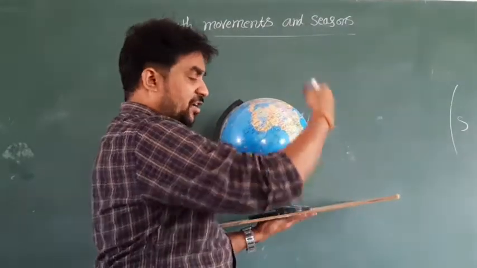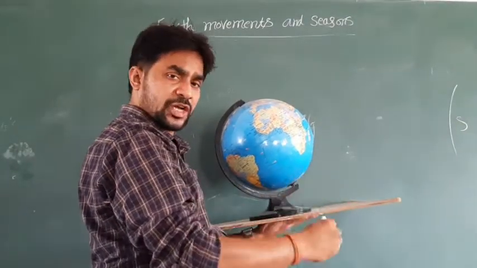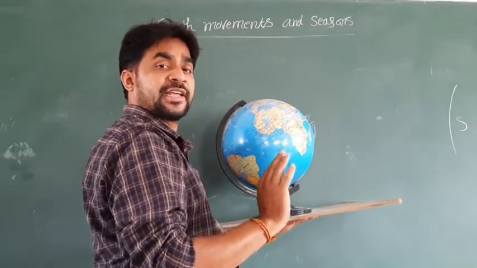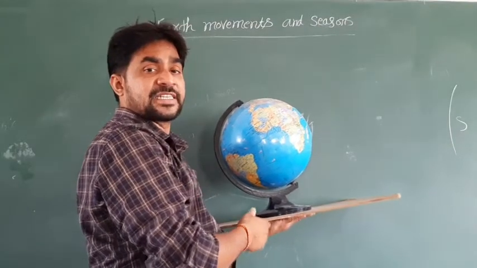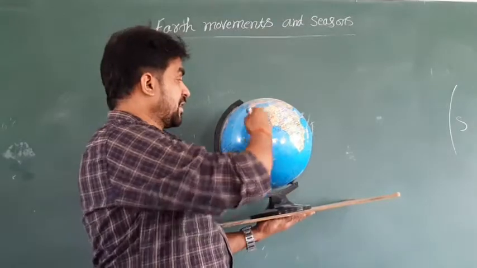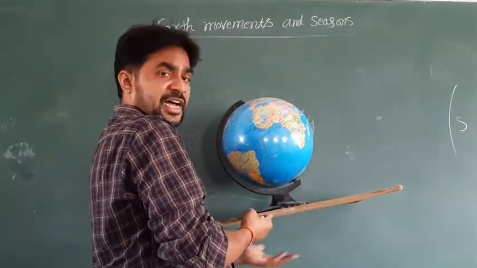If it were straight, that would be different, but the earth is not standing straight, it is bending at 23.5 degrees. Actually 90 minus 66.5 degrees gives us that 23.5 degrees.